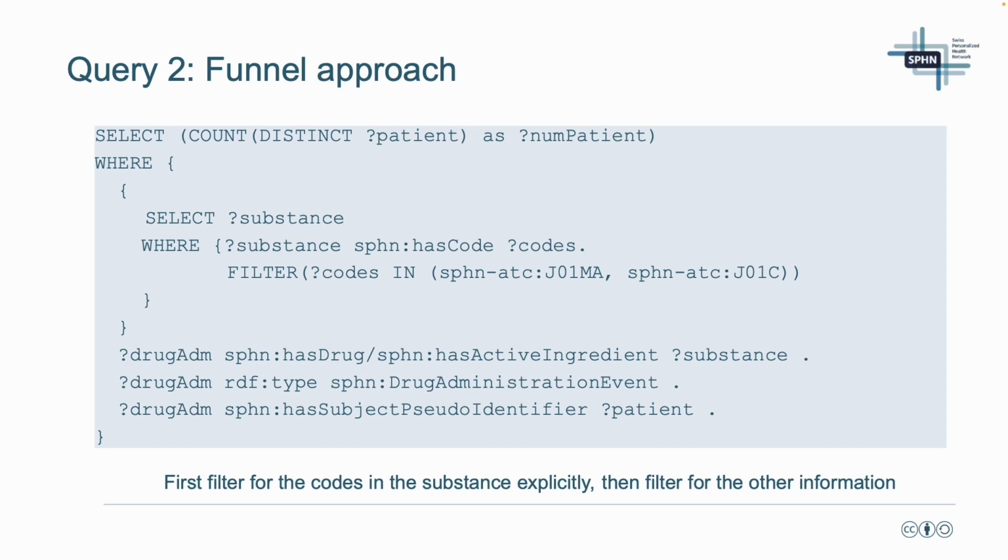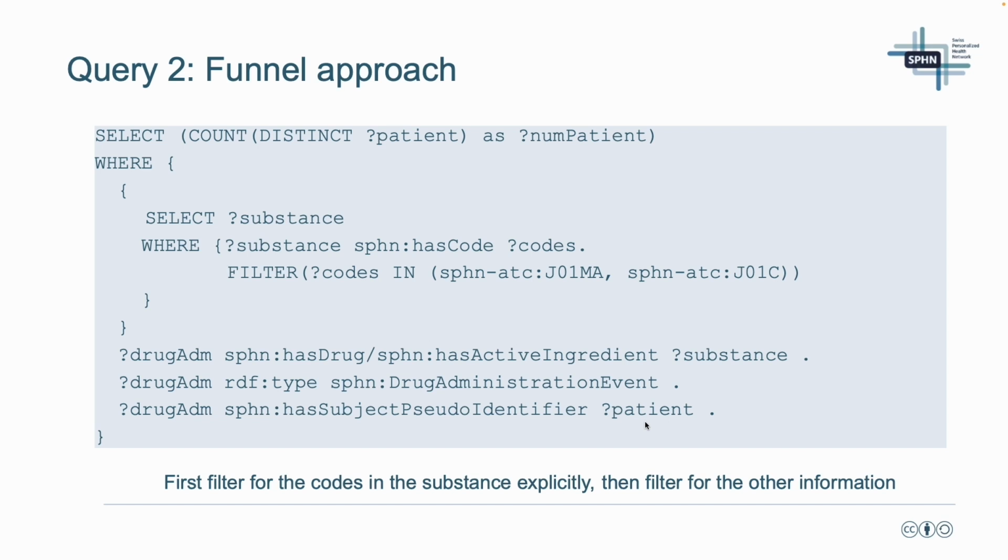So for that, we use a nested query in this case, where we select for the substances of interest, and we assume that this would basically eliminate most of the triples, and then we bind this substance to a specific drug administration event following this path, and we specify this drug admin to be of type drug administration event and be bound to a patient.